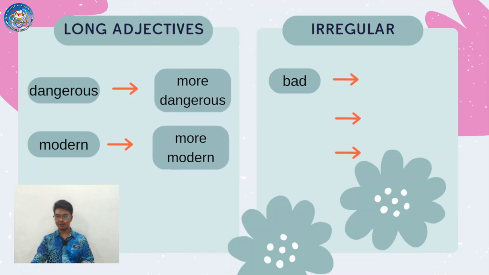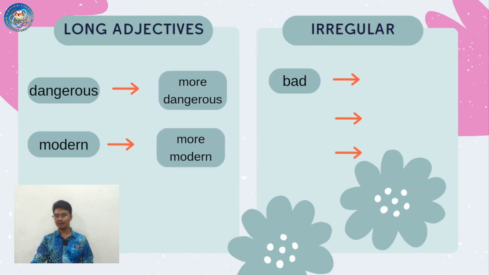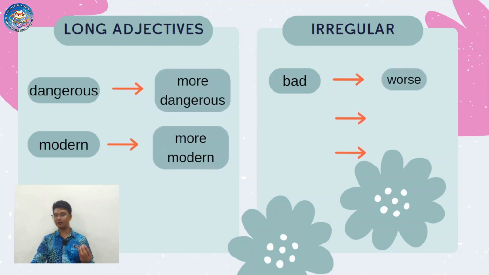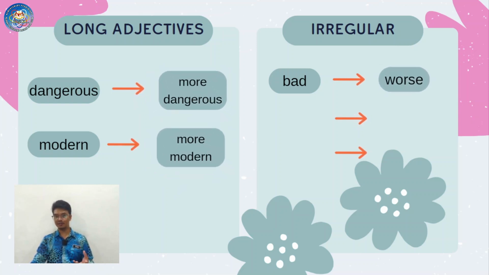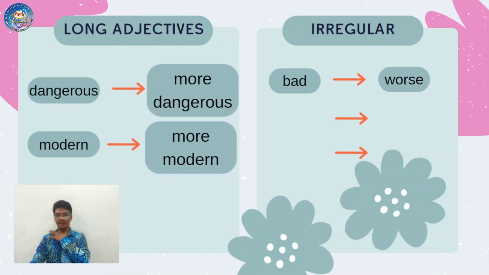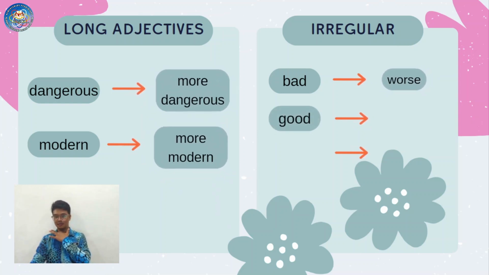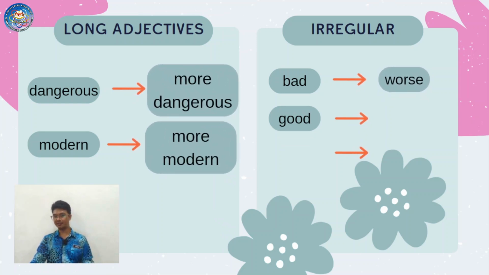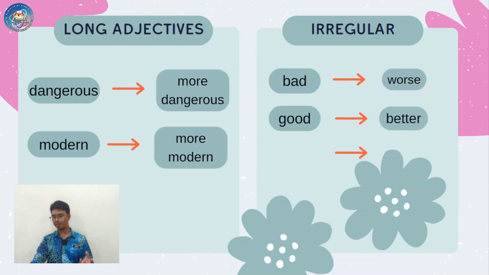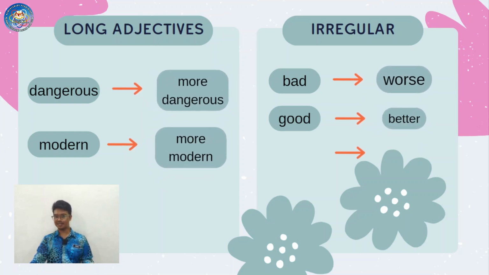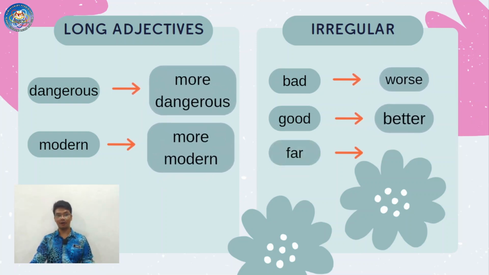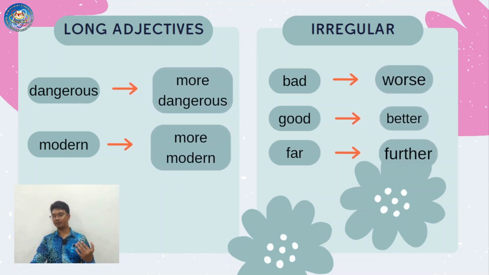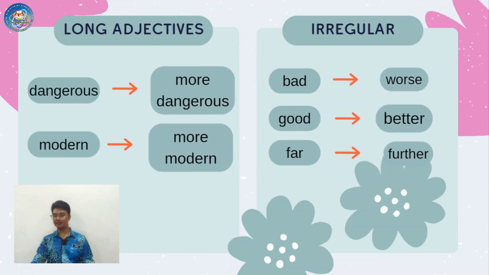For example, this word here, bad. When we change it to comparative adjective, we are going to have worse. The second example is good. When we change it to comparative adjective, we are going to have better. And then we have far. When we change it to comparative adjective, we have further.